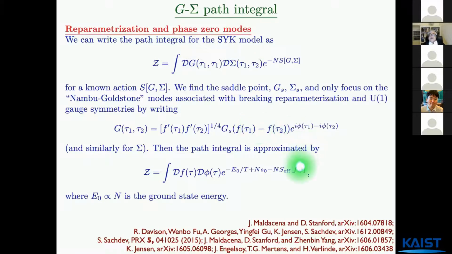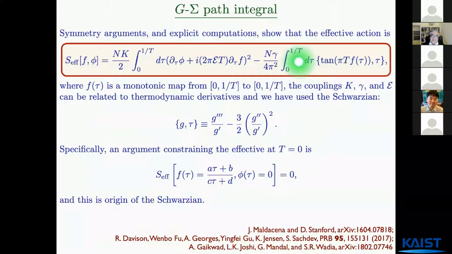Okay. Now, this is still too hard. If we want to get what S effective is, putting this in here and evaluating that is not so easy. But you can almost guess the complete answer by symmetry, just like in a ferromagnet, where you can write down the nonlinear sigma model just by a guess. So you do a similar guess here, and this turns out to be the answer.